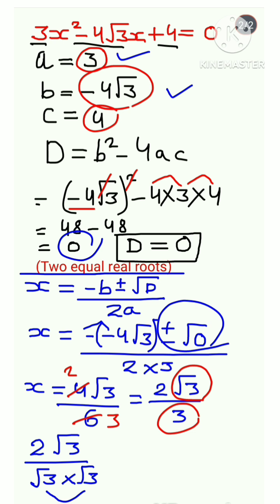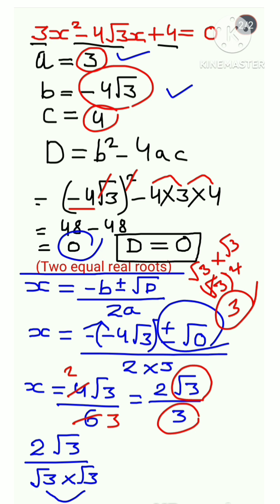Let's multiply over here. We have root over 3 into root over 3, then it can be written as root over 3 whole square, and this square and this sign of root can be cancelled out, and here remains only 3, right? So we can write 3 in the form of root over 3 into root over 3.